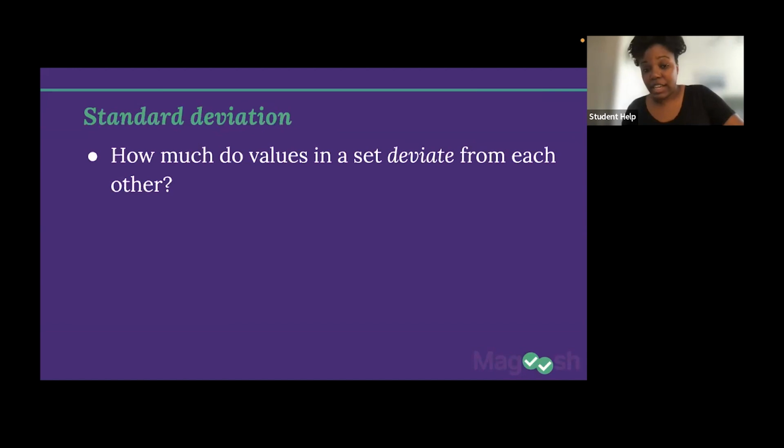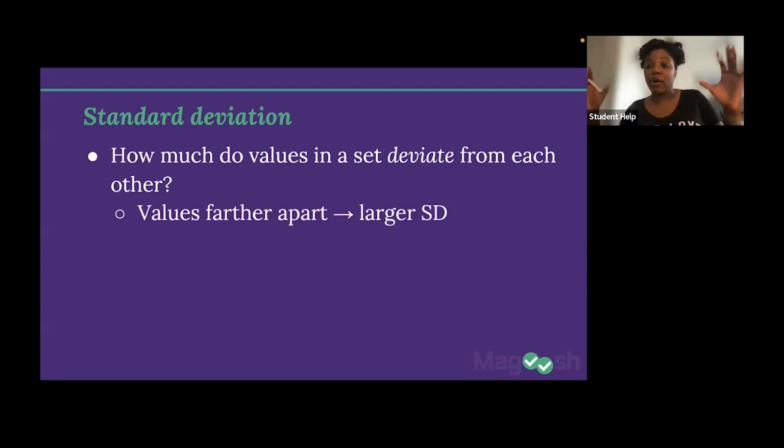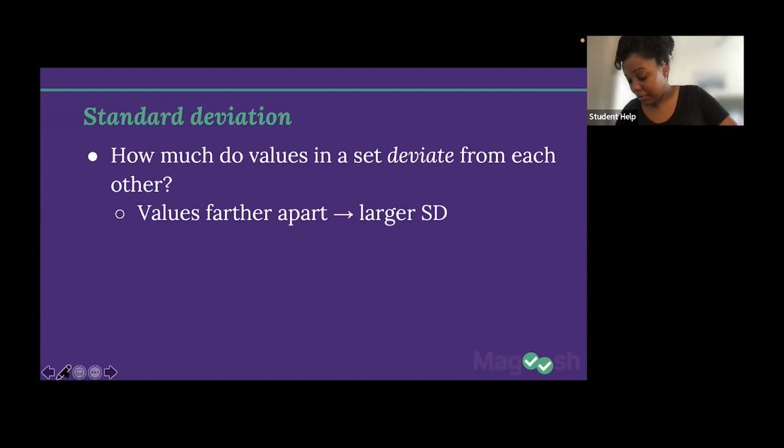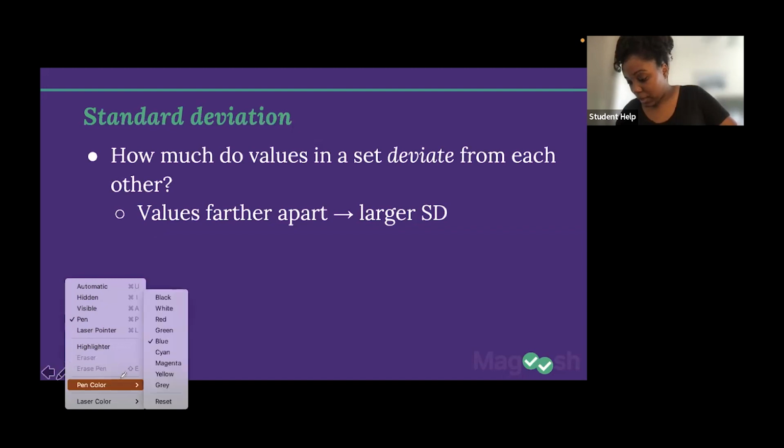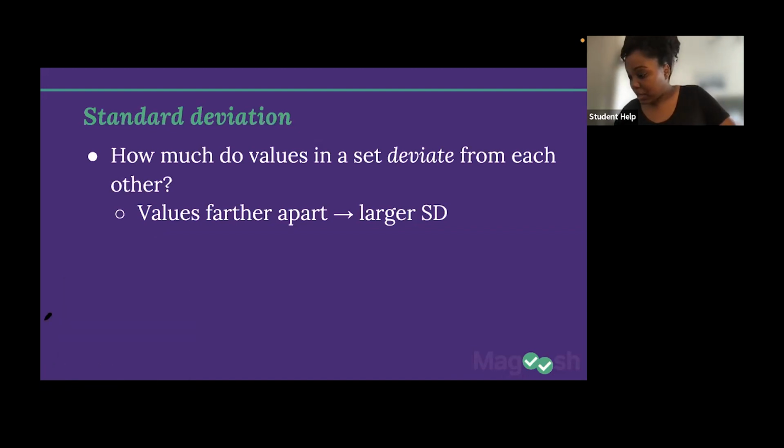With standard deviation, basically you're wanting to know how much the values in a set deviate from one another. So the values that are farther apart are going to have a bigger standard deviation. You can see this if you were to plot something on a number line, like this.